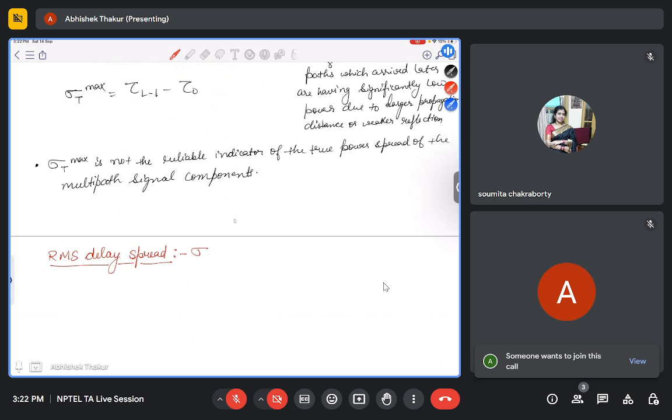So this is denoted as sigma t RMS. What does RMS delay spread do? It weighs the signal components with respect to the power in the arriving path.